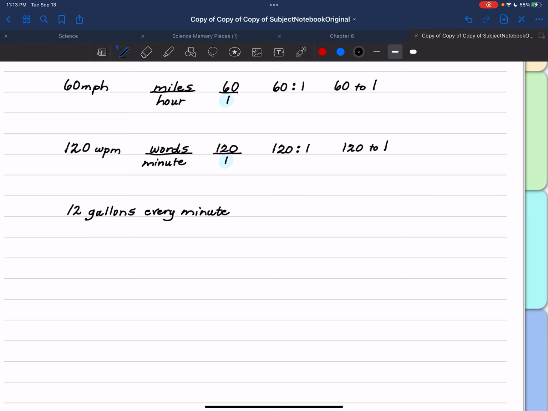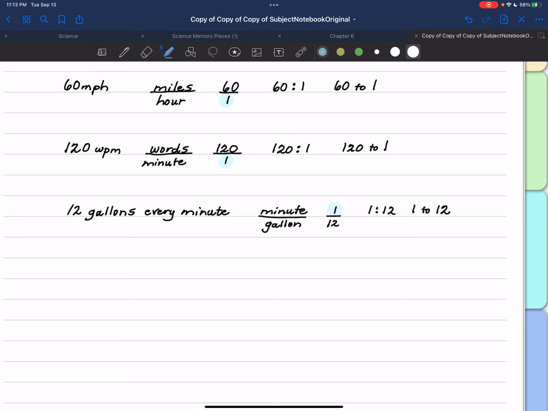Is it the same thing to put minutes over gallons? Is that legal in math? 1 minute, 12 gallons, or 1 to 12. Yes, it is legal in math. It is a unit rate because you have a 1.